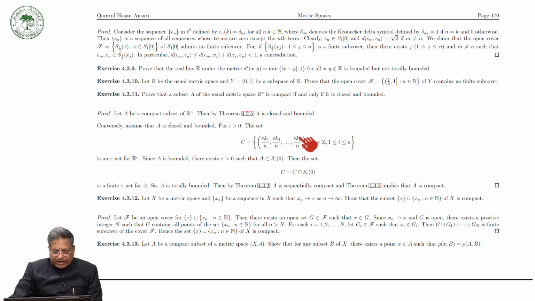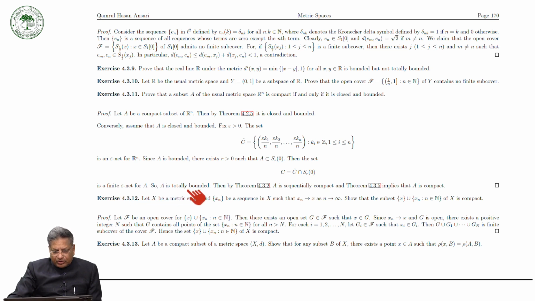Then we see that C tilde is an epsilon net for Rn. And since A is bounded, there exists a real number R greater than 0 such that A lies in the open ball with center at the origin and radius R. Then the set C equal to C tilde intersected with this open ball with center 0 and radius R is a finite epsilon net for A.